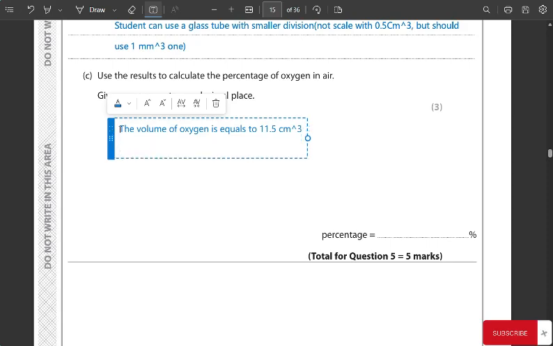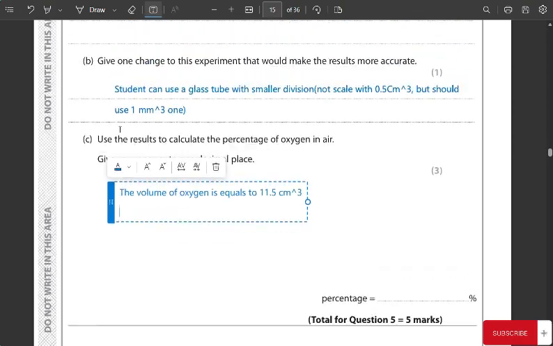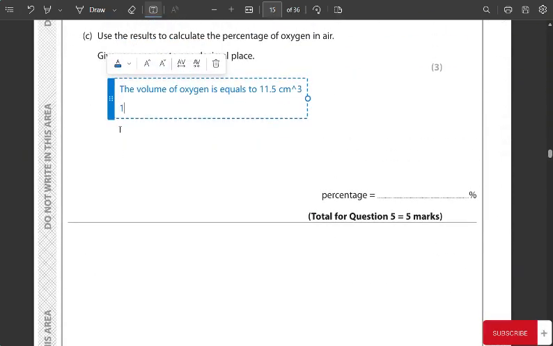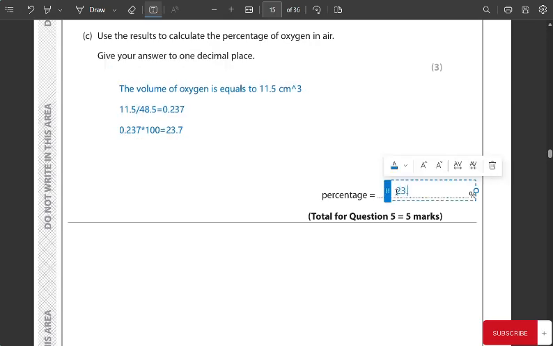And for finding the percentage of the oxygen in the air, we will use 11.5 divided by 48.5, and it will be 0.237, and for finding the percentage, we will multiply it by 100, and the percentage will be 23.7, and the final answer is 23.7.